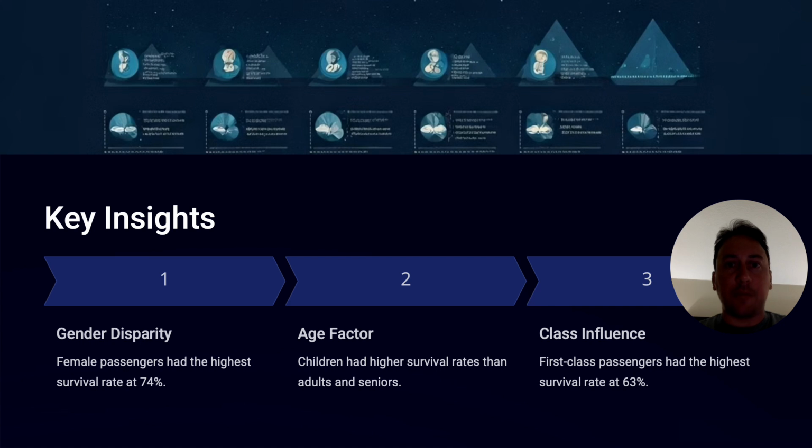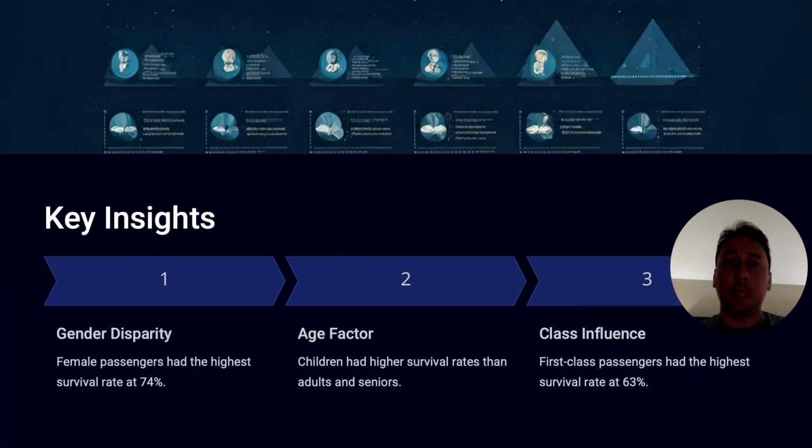Gender disparity. The ratio for women passengers was the highest, nearly three-quarters at 74%. Age factor. The survival rate was higher among children than among adults and seniors. The class influence. First class passengers had a survival rate of 63%, whereas second class passengers had a survival rate of 47%, with third class passengers having only 25%.